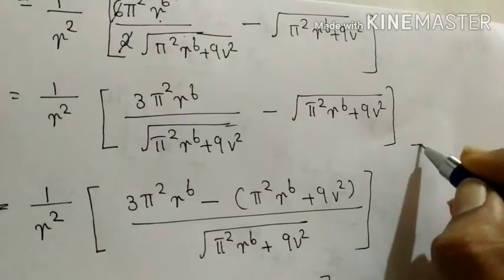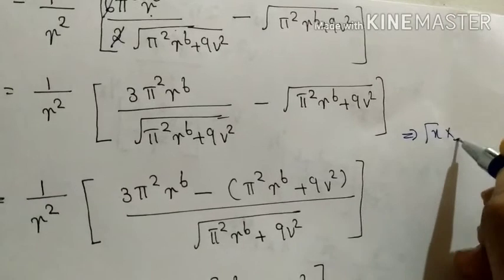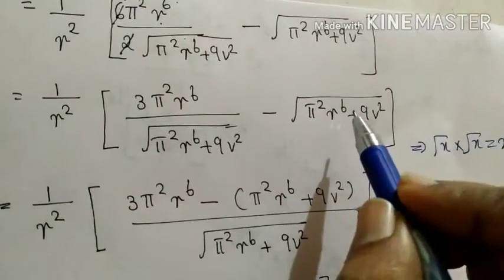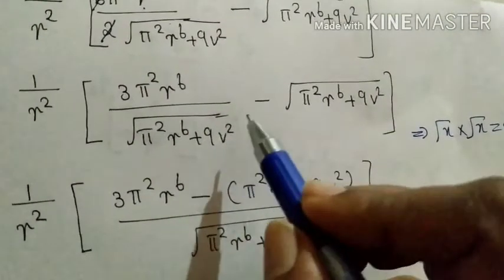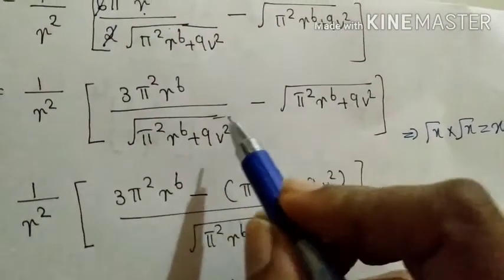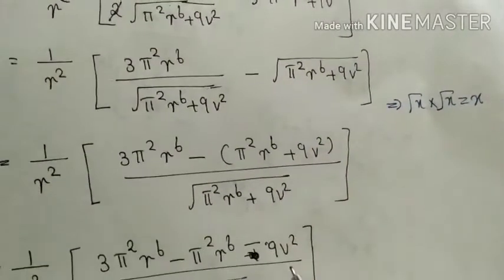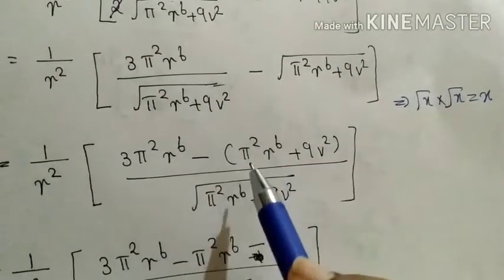In this step, we know that root x into root x is x, right? So the product of these two root terms, this root will cancel. Okay, so we get this step here.